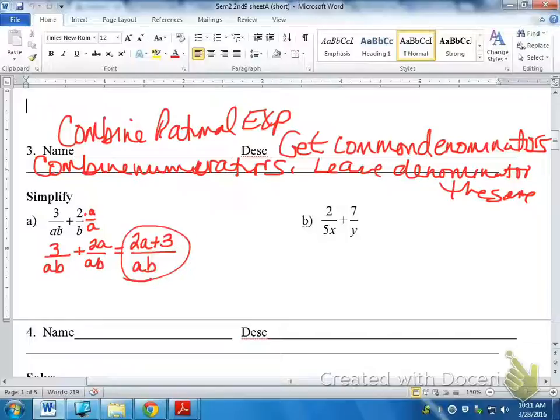I don't get how you just times A over A. Because I'm missing the A. So if I multiply an A on the bottom to make it AB, you have to multiply an A on top, because remember, A over A, isn't that like multiplying by a 1? So that really doesn't change its value.